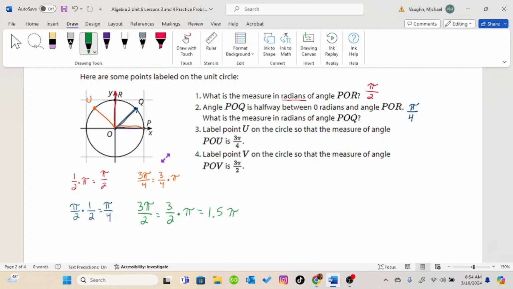So 1 pi takes us halfway around the circle. But now we need another half of pi. So now we're down here at the bottom, and this is point V, because we now have a full pi, which is halfway, and then we have another half of pi, which takes us halfway around and puts us down here on the bottom.